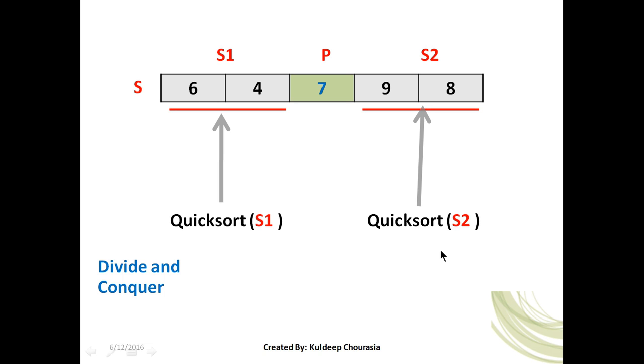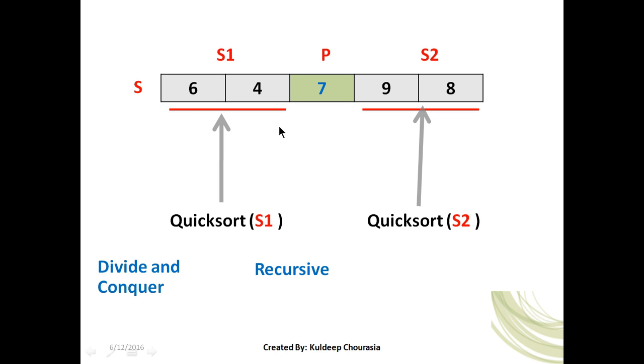The second property of quicksort is that it is recursive in nature. Now a recursive algorithm is defined in terms of itself. In very simple words, if we have defined some process and we are using that process again and again, then it is recursion.